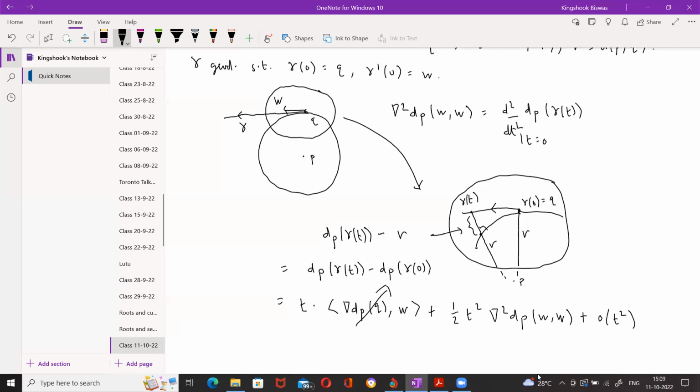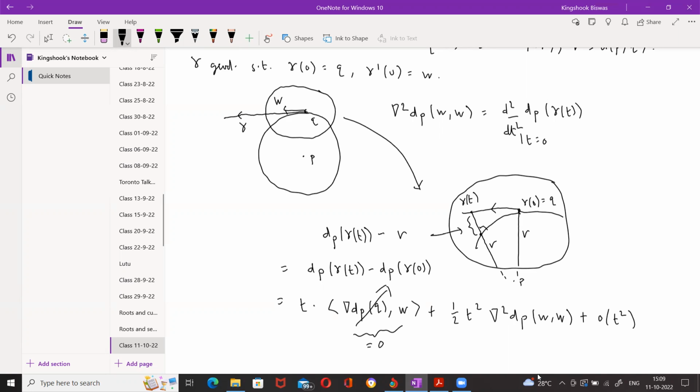So this first term vanishes because grad d_P is perpendicular to W. This is 0. So what remains is this. This little error here is basically half t squared times the Hessian. So the Hessian is giving you the divergence of the geodesic from the sphere.